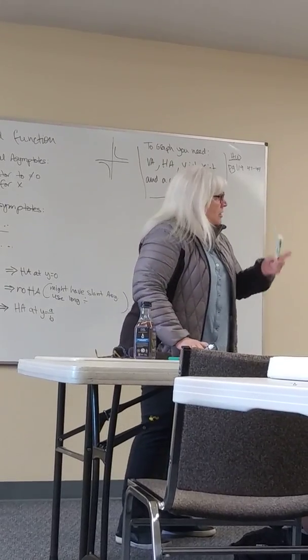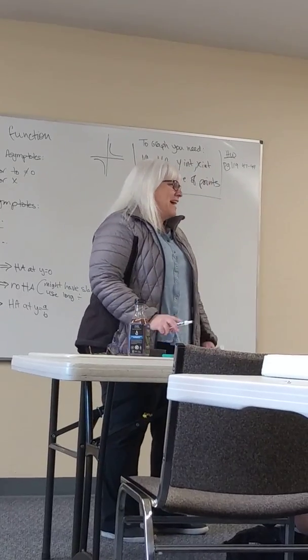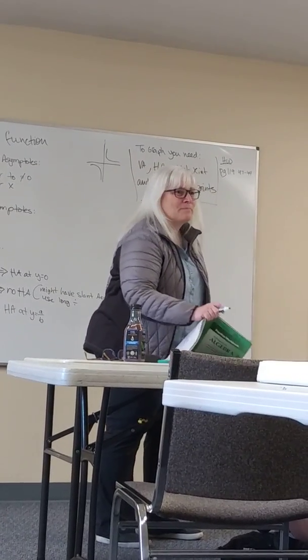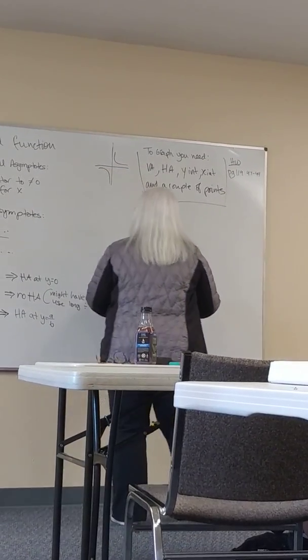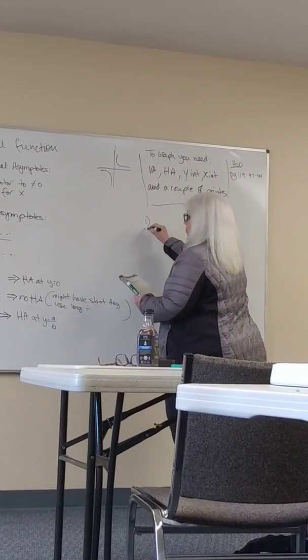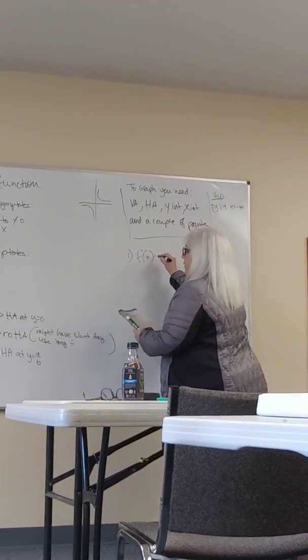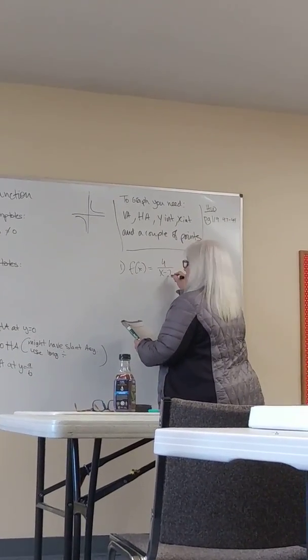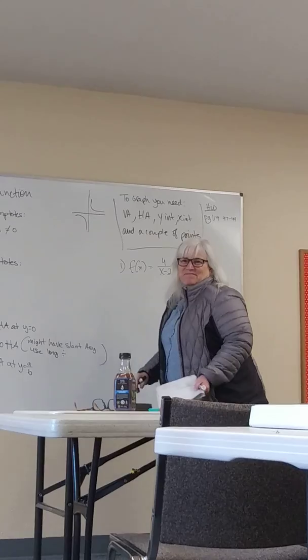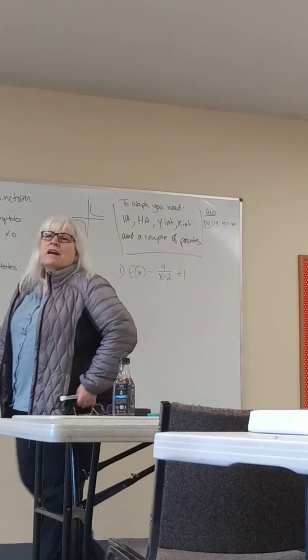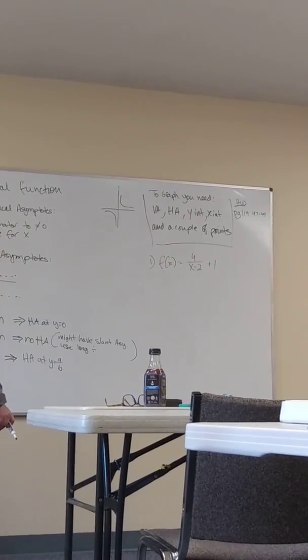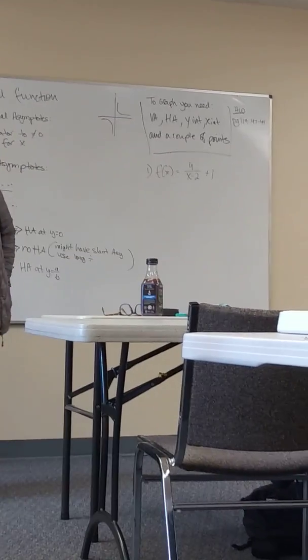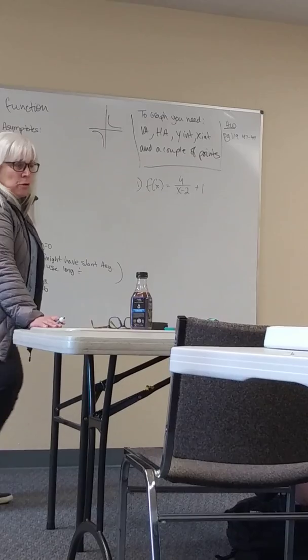No, you never crash. It's like a car screeching, like a drifting car. It's like getting closer to the edge of the road but never getting to it, always getting closer but never getting there. What page is this on? 124. Did everyone write the notes? We're on page 124.